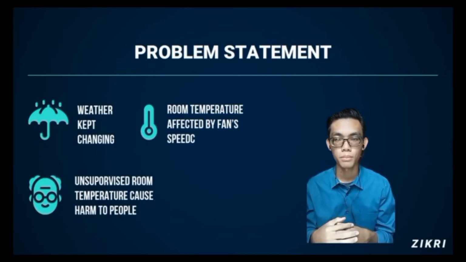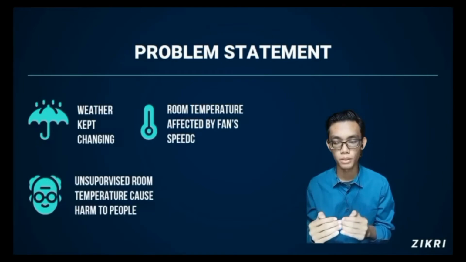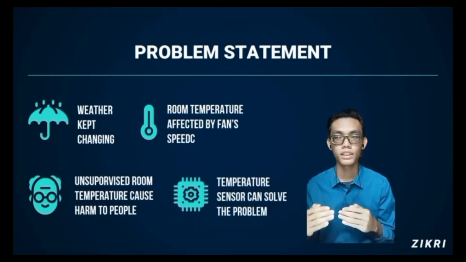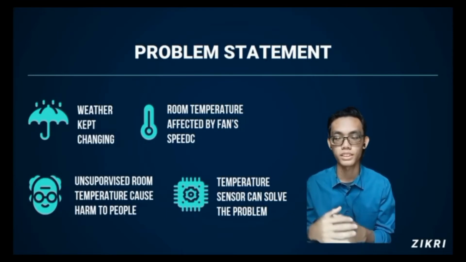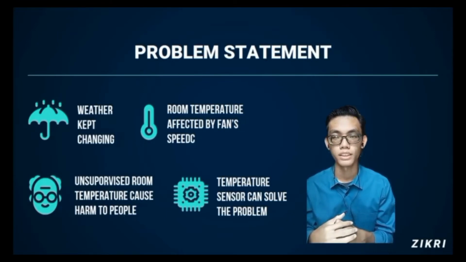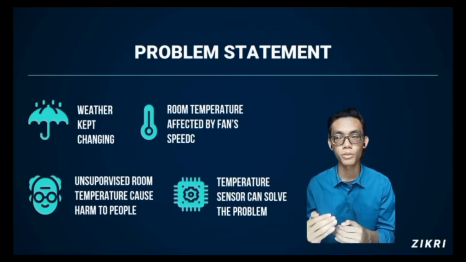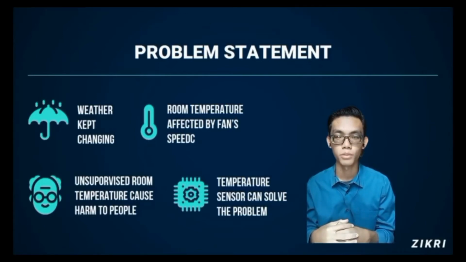So by developing this project, we are aiming to cater to all these problems, and by doing this, which is something new in the industry, it will help develop the DC fan industry to the next level. In our project, we put a temperature sensor on the DC fan so that the fan will regulate its own speed to maintain a suitable temperature for a particular room.